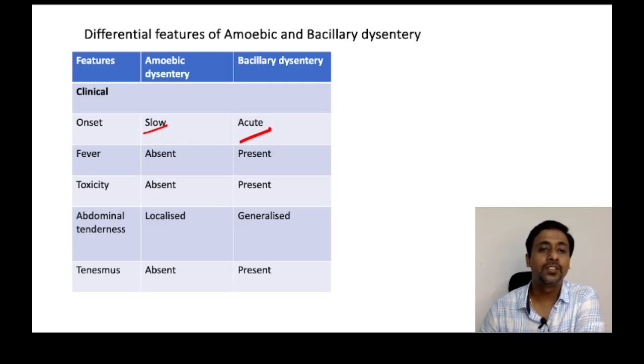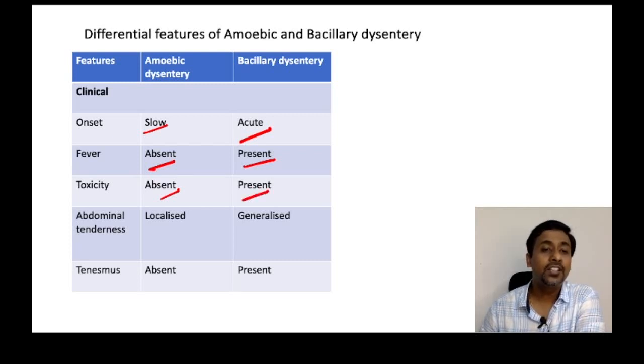Now the fever, you see, is absent in amoebic dysentery but present in bacillary dysentery. Fever is present because of the release of toxins by the bacteria, whereas amoebae do not release any kind of toxins. So these toxins lead to the development of fever. Similarly, toxicity is absent in amoebic dysentery and present in bacillary dysentery.